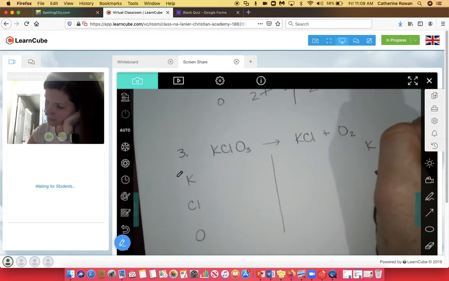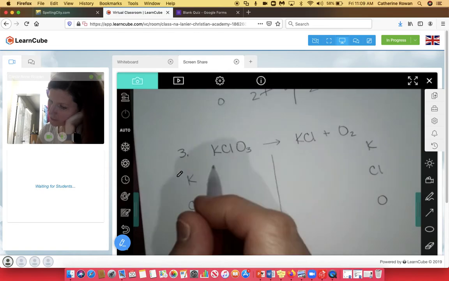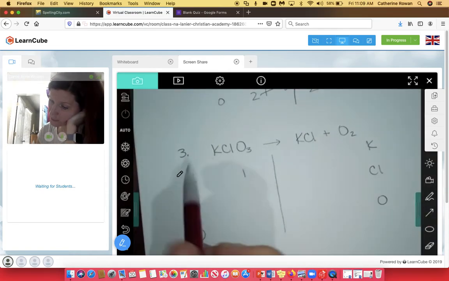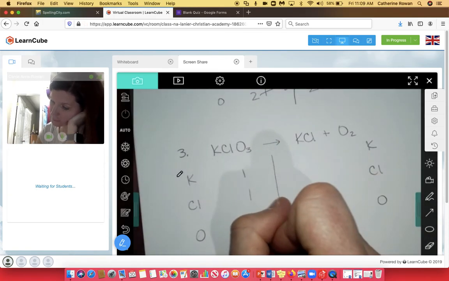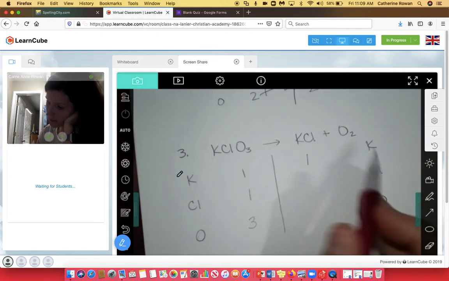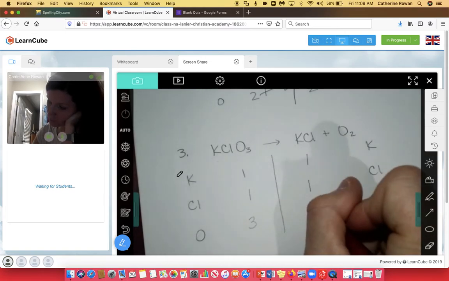I have potassium, I have chlorine, and I have oxygen. How many potassiums do I have here? I have 1. How many chlorines do I have here? I have 1. How many oxygens do I have here? I have 3. Let's go over here. How many potassiums? I have 1. How many chlorines? I have 1. How many oxygens? I have 2.